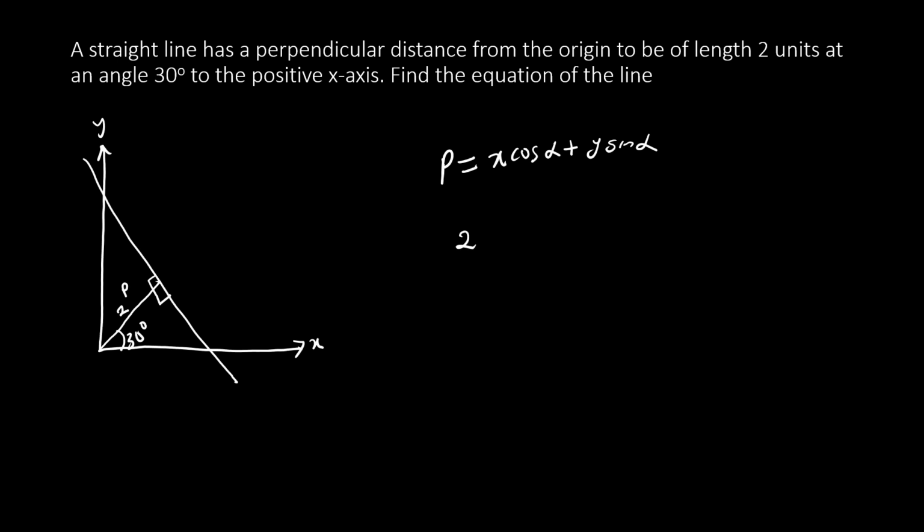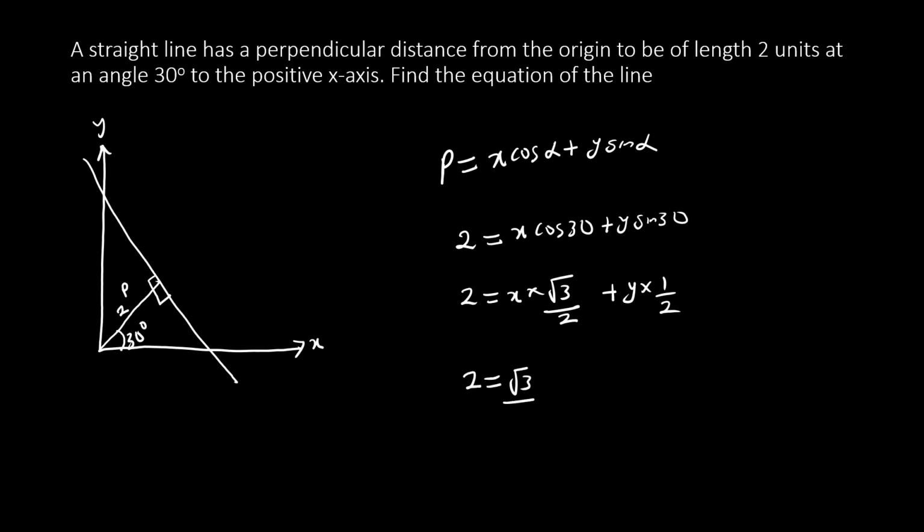So this is now 2 = x cos 30 + y sin 30, and this is 2 = x multiplied by root 3 over 2, that is cos 30, plus y multiplied by 1 over 2, that is sin 30. We now have 2 = (root 3/2)x + y/2.